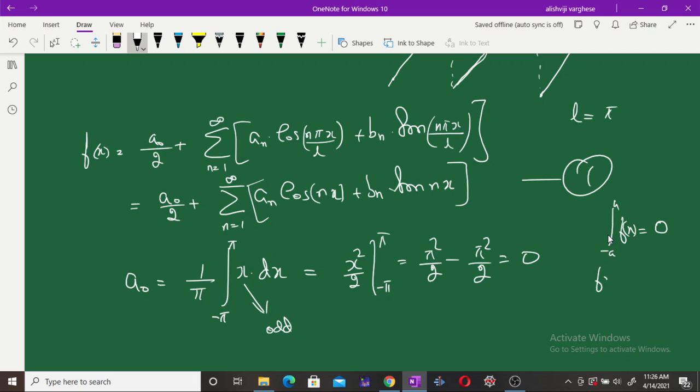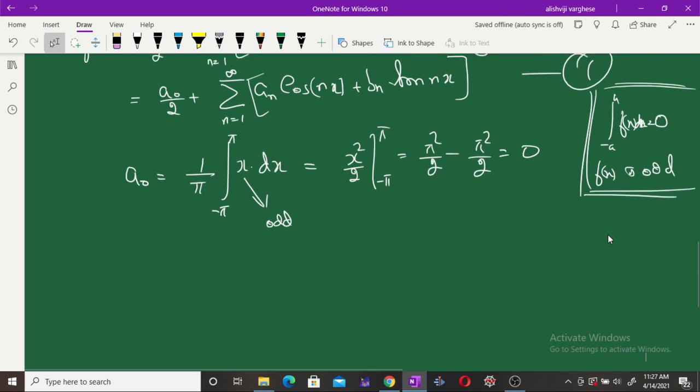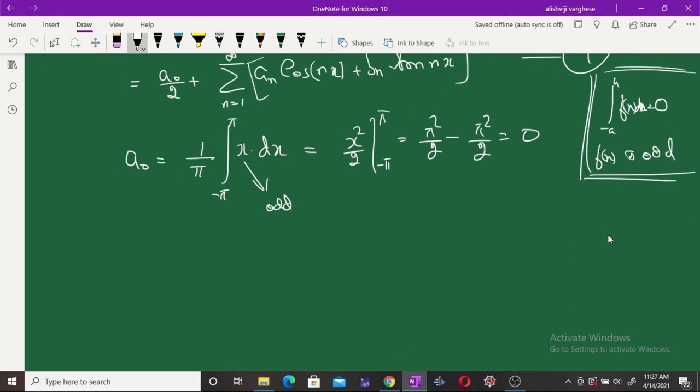So if f of x is an odd function, then integral from minus a to a f of x dx is equal to 0. So we can use that argument directly here, and therefore this integral a naught is equal to 0.